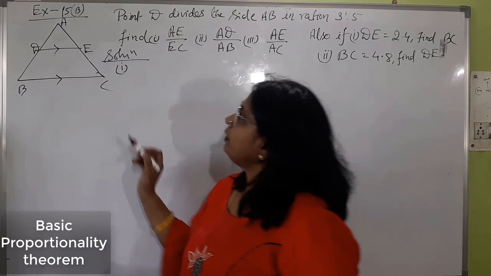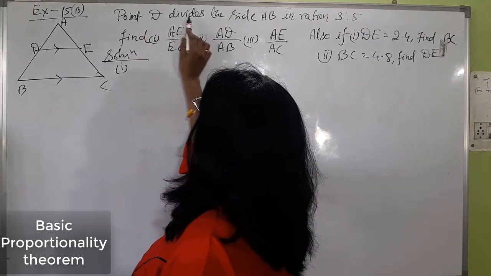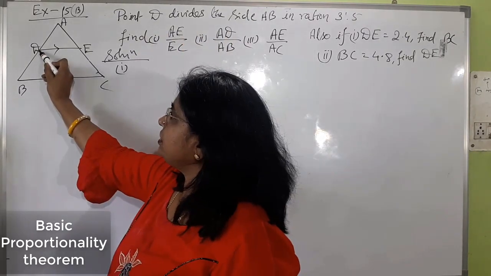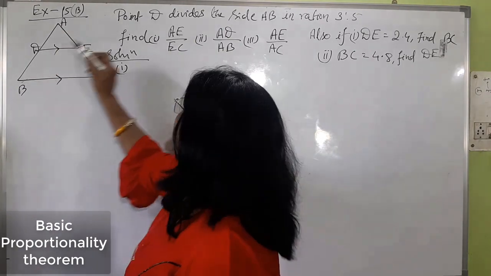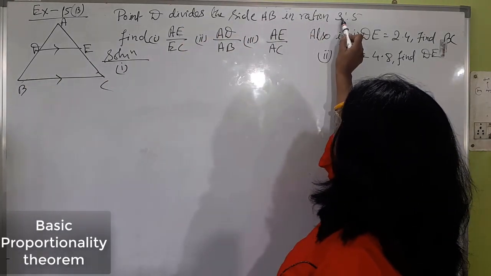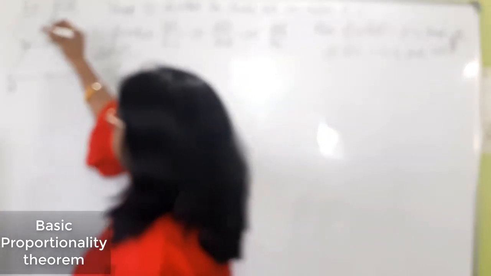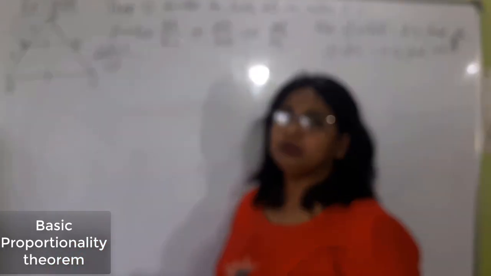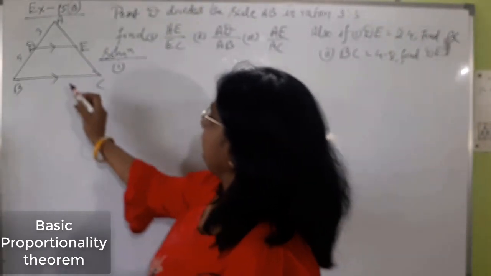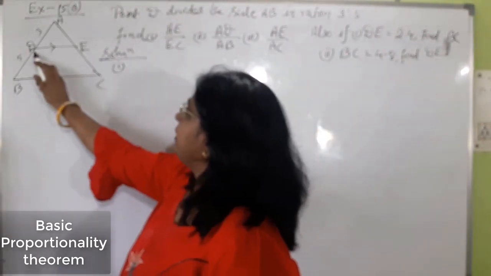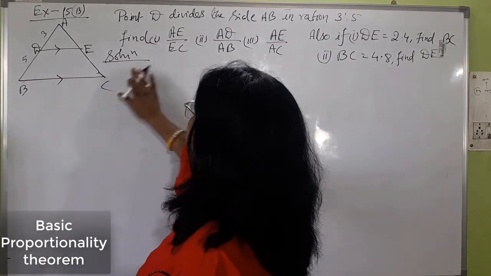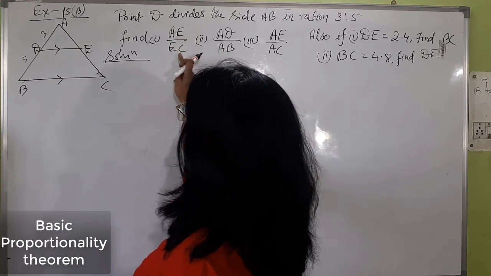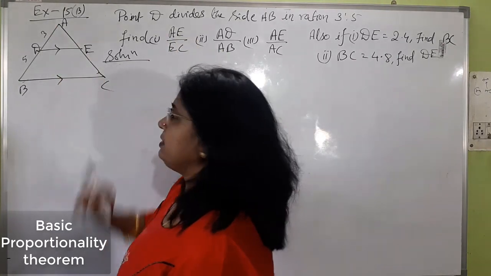So in this question, point D divides any one side of a triangle in ratio 3:5. And as given in the symbol, DE is parallel to BC. So the first number here is to find out AE by EC.